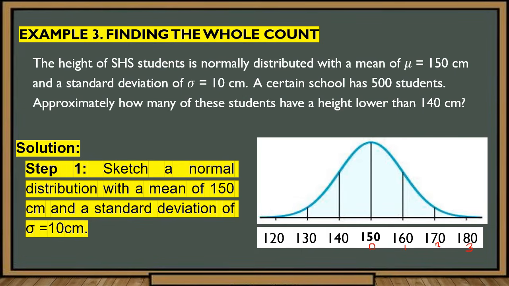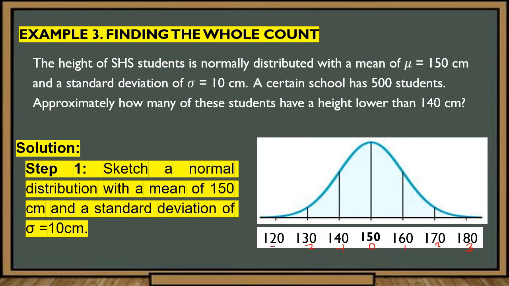If the standard deviations from the mean are to the right, the values are positive. And if the values are to the left of the mean, the standard scores, or the z-scores, are negative.